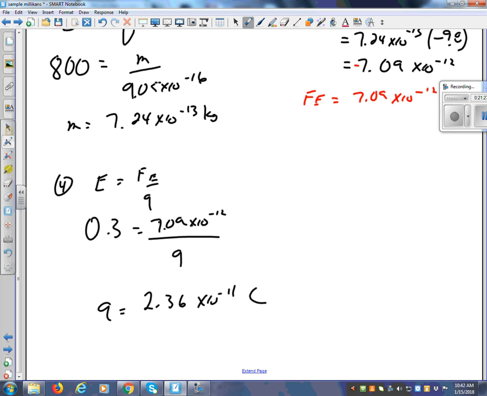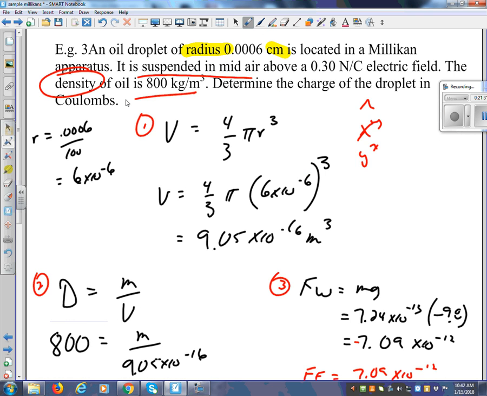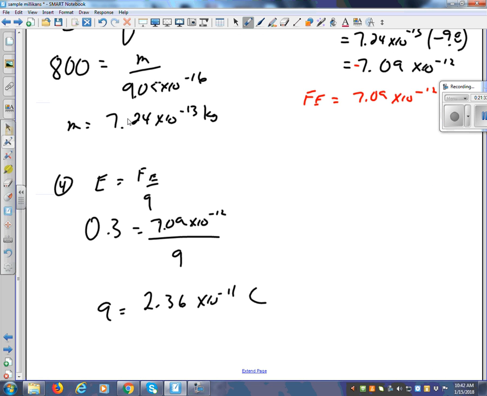And is that our final step? So determine the charge of the drop in coulombs. How would you do it if it said in elementary charges? Exactly, right? If you wanted it in elementary charges, you just take that.